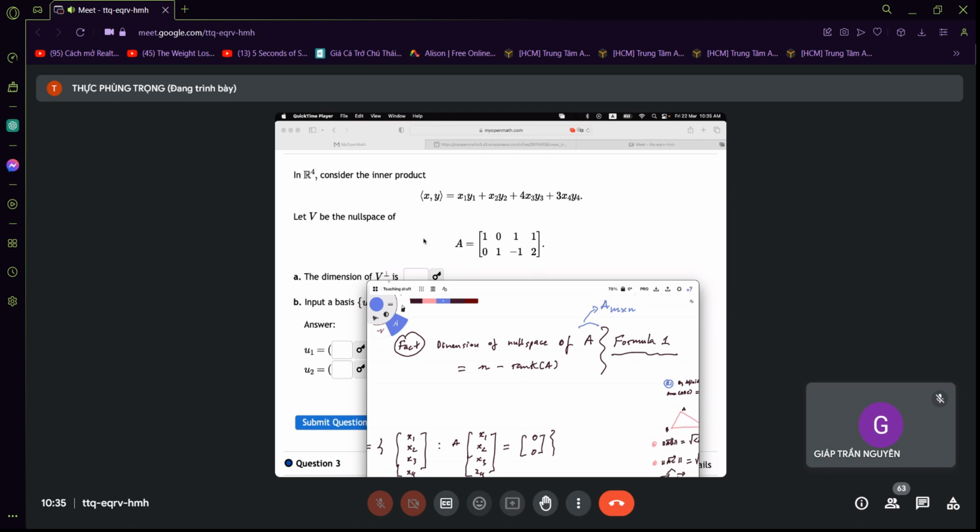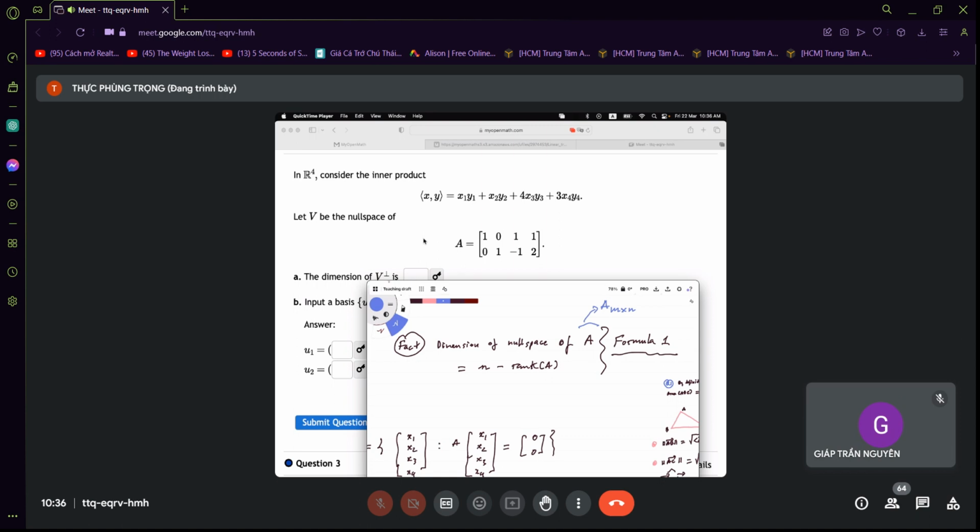So let's say formula 1. Now, when you consider the null space of a matrix, it has nothing to do with inner product spaces, right? This is just a concept for vector spaces. You don't need an inner product in order to define the null space of A. Remember that. This is from vector spaces only.